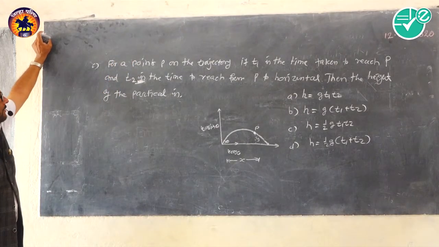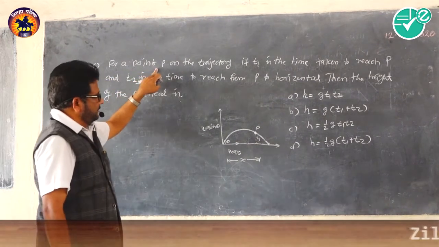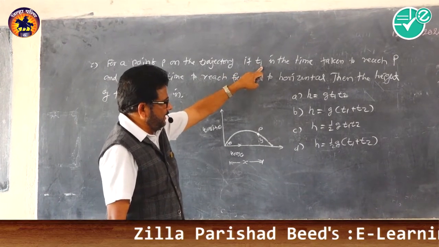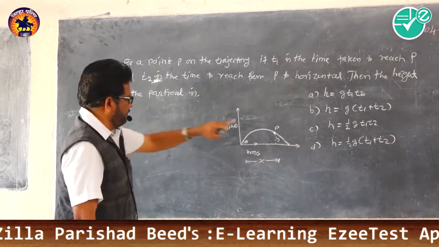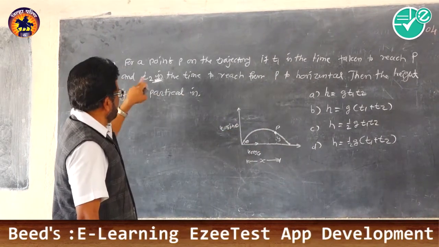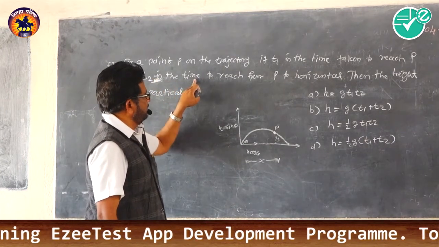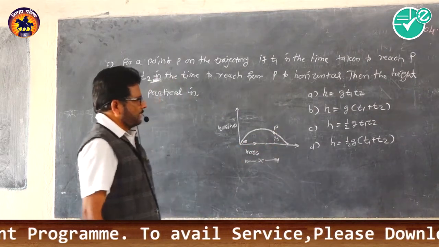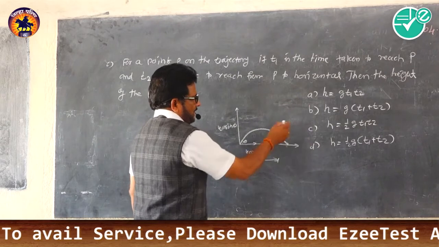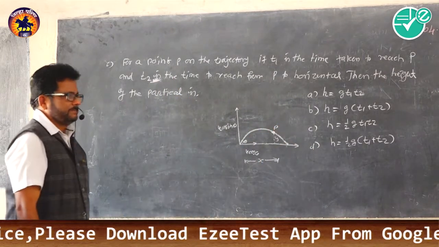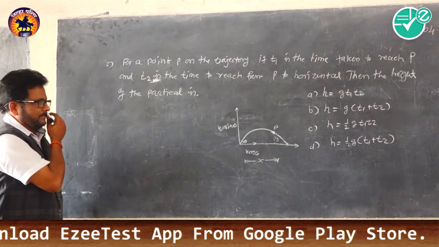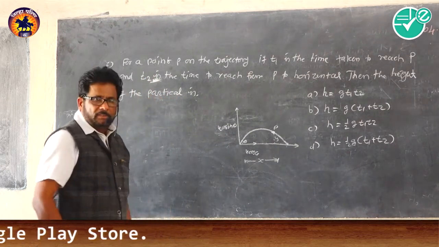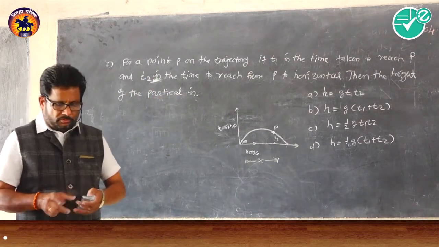For a point P on the trajectory of a projectile, if time t1 is the time taken to reach the point P and t2 is the time taken by the particle to go from point P to the horizontal, then what is the height of the projectile, H? The options are H equal to g t1 t2, H equal to g (t1 plus t2), and so on.